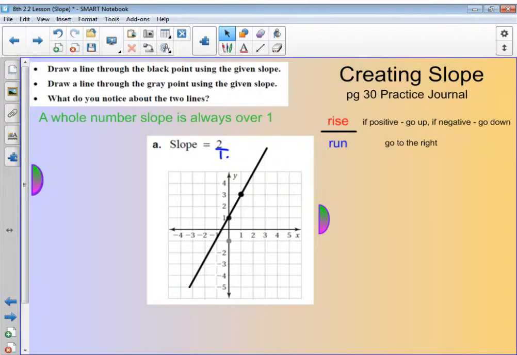Okay, so now I'm going to do the same thing with that lighter gray. So I'm going to rise up 2, and I'm going to go to the right 1. So up 2, over 1 is going to put me right here. And I'm going to connect it with a line.